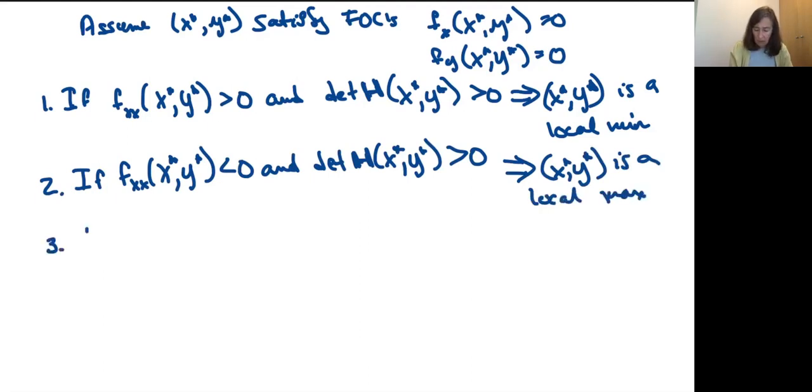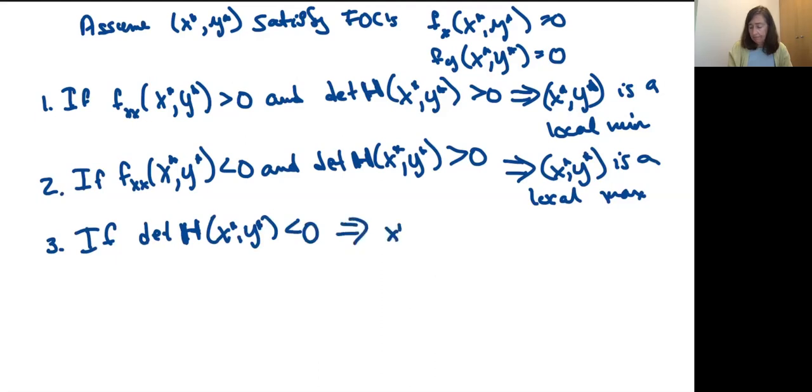And third, if the determinant of that Hessian at that critical point, x star, y star, is less than 0, x star, y star is a saddle point.